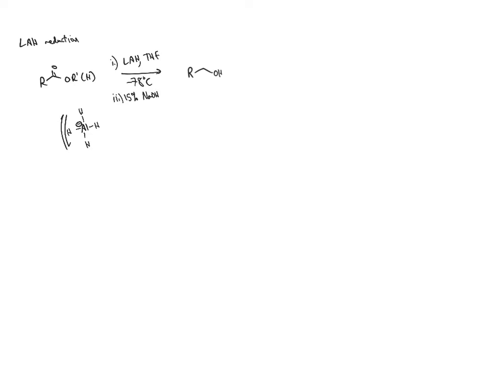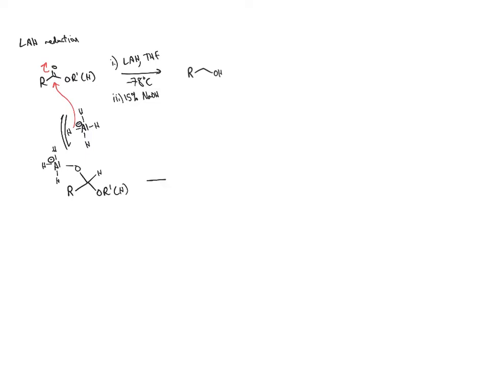Okay, so let's draw out the sigma aluminum hydride bond attacking the pi star CO. All right, that's going to give us a new tetrahedral intermediate. So the oxygen is basically going to be bound to the aluminum. We've got a new carbon hydride bond, and then we've got this either R group or the OH.